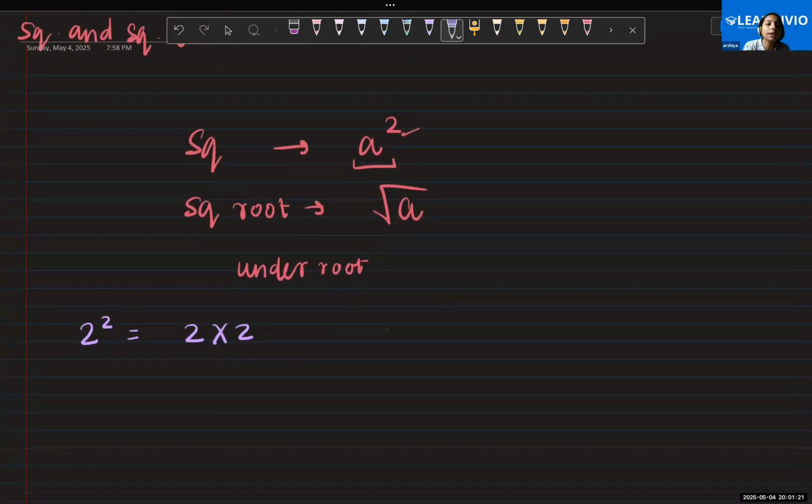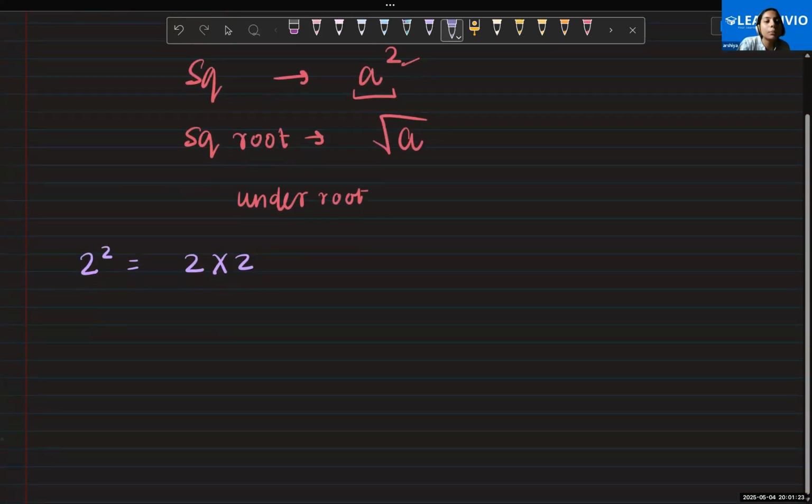No, this is the only way: you multiply the given number as many times as the power. Here the power is 2, so we multiply it 2 times. But because this is commonly used in calculations, they have made a separate chapter so that you can understand this.